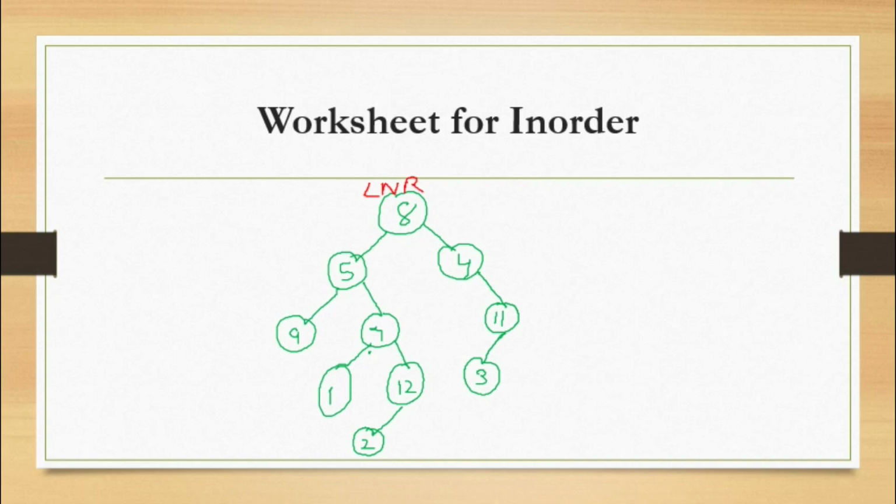Instead of N we could use any alphabet, but in the steps we used N, so I am using N. The same thing we can use for pre-order also, for the root we can use N in pre-order.